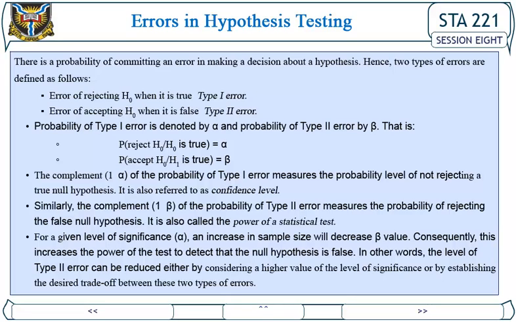Probability of type 1 error is denoted by alpha, and probability of type 2 error by beta.